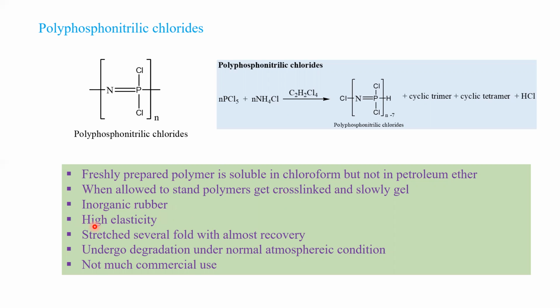So polychlorophosphazenes have a high degree of elasticity, so they are known as inorganic rubber because they stretch several folds with almost complete recovery. They stretch many times their length, and when we release the stretching force, it comes back to its original length. So it is known as an inorganic polymer.